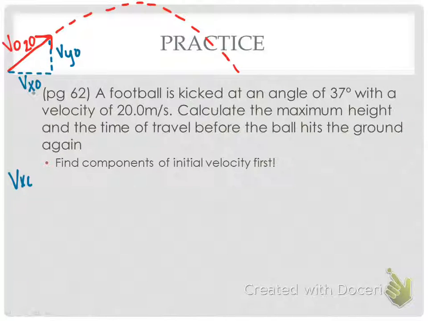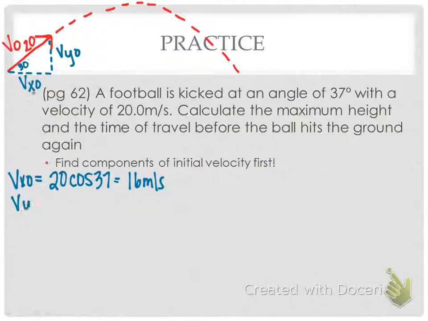V sub xo is equal to our hypotenuse times, this angle right here is 37 degrees, so v sub xo is sine or cosine? Cosine. So we're going to take 20 times cosine 37. I got about 16, 15.97, but we'll round to 16.